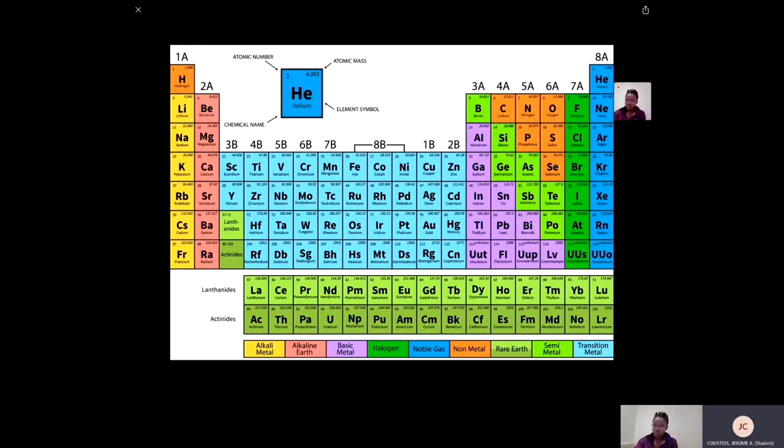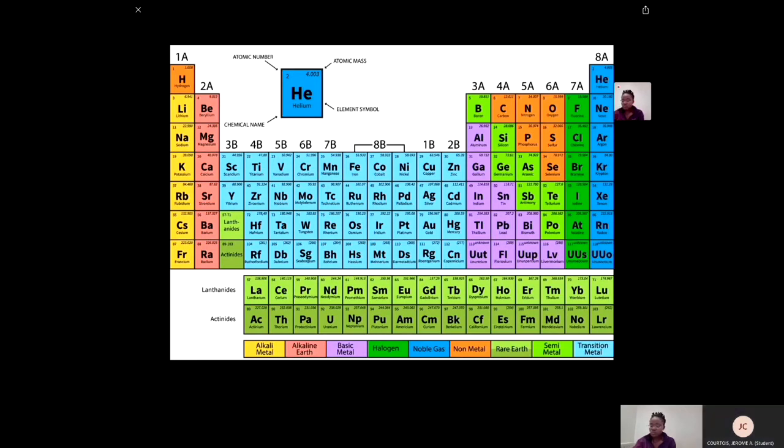If you remember, the defining feature of a carbon atom or any element is its number of protons. So any atom with 6 protons in its nucleus, that is carbon.